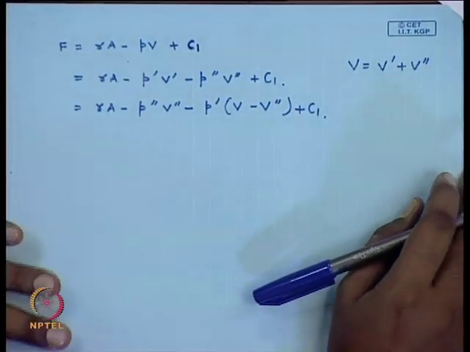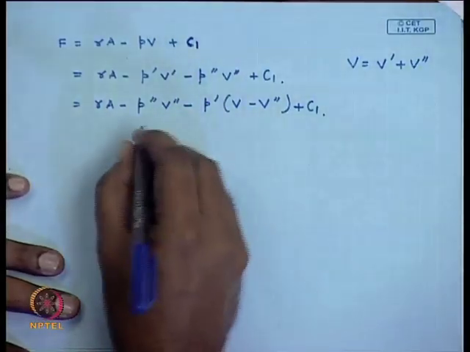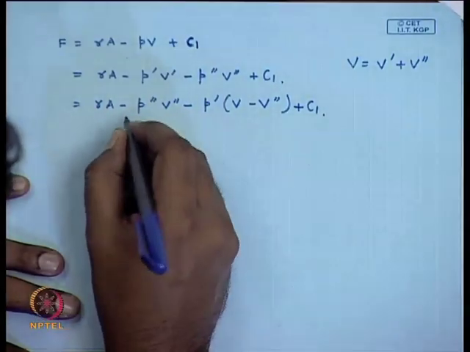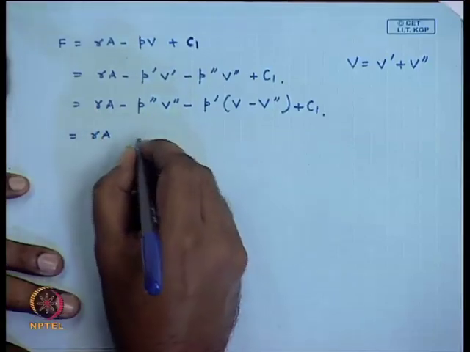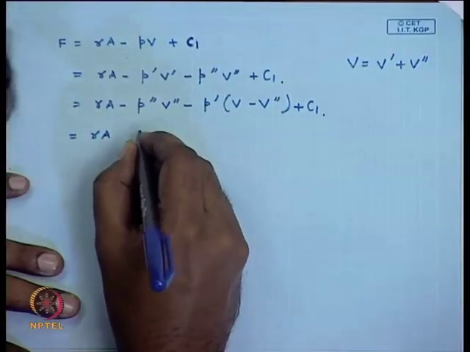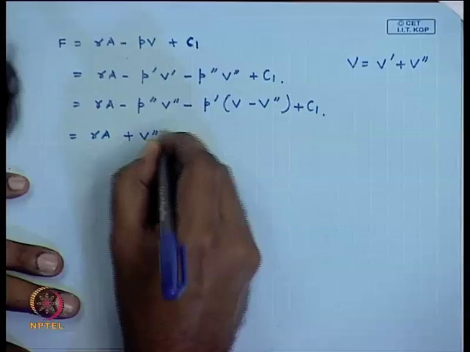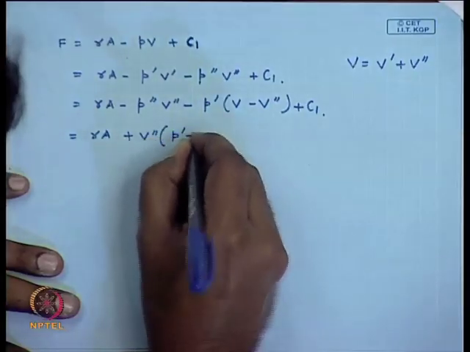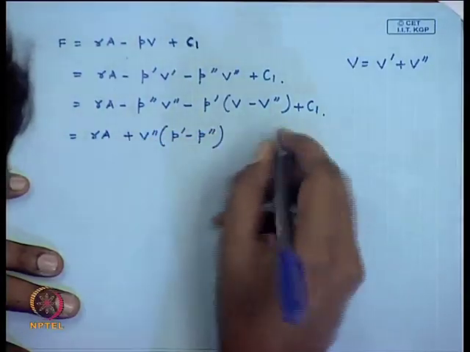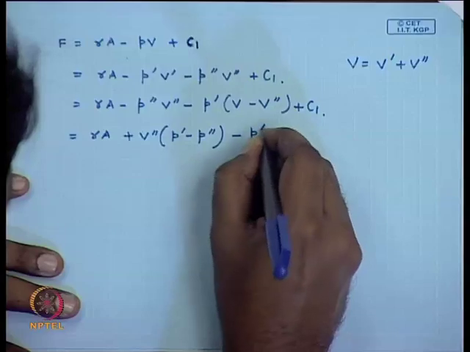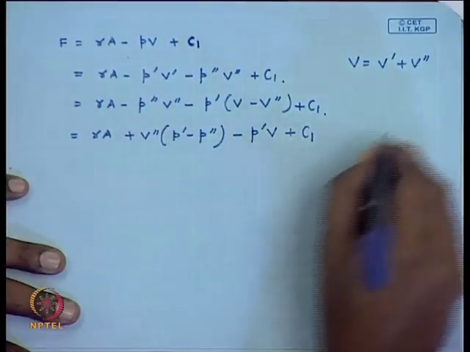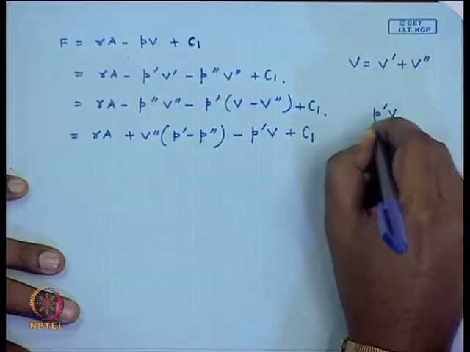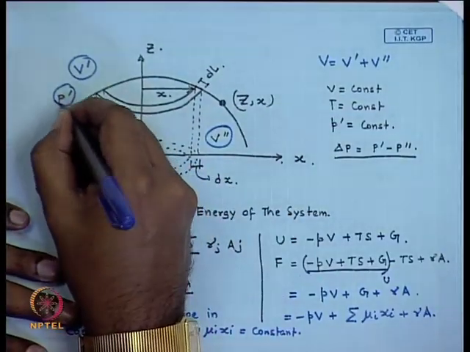Now, with reorganization, what you can write is that, now look into this term P dash into V. We have considered that P dash is sort of the atmospheric pressure.